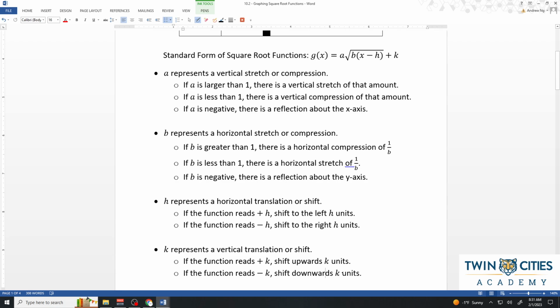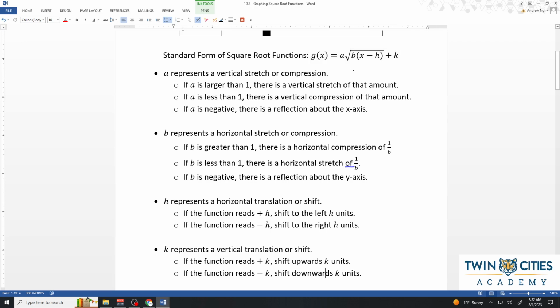So remember from previous functions that we talked about from standard form, as we change these different parameters, horizontal changes are the opposite of what I would normally think would happen, whereas vertical changes, a and k, the things on the outside of the square root, happen as I would intuitively imagine them.